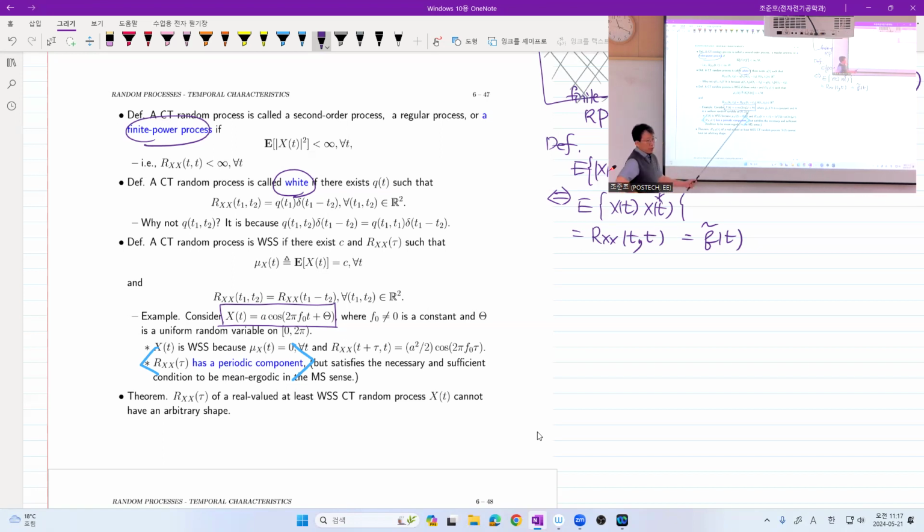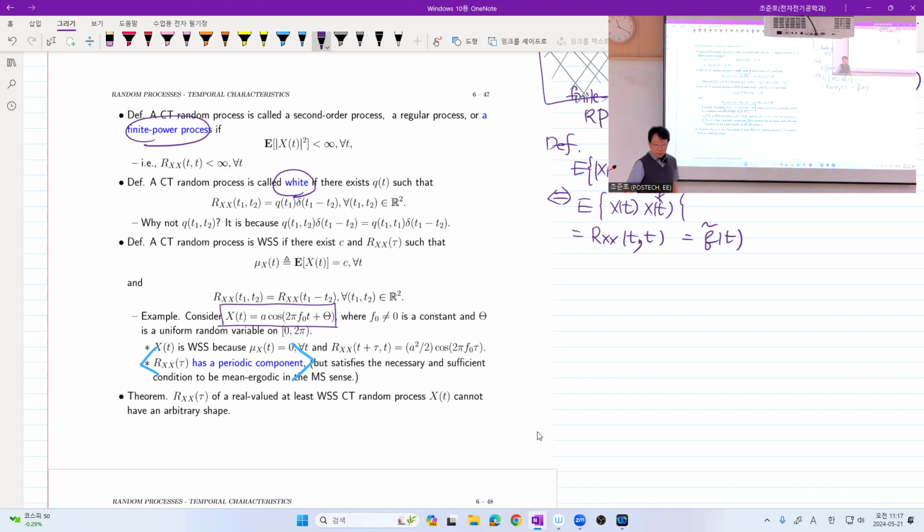And here, theta is a uniform random variable from 0 to 2 pi or any continuous 2 pi or modulo 2 pi interval. Now, if you calculate the mean path, what do you have? Amazingly, even though each sample path is a cosine function with some phase shift, your mean path is always 0, right? Because of this theta.